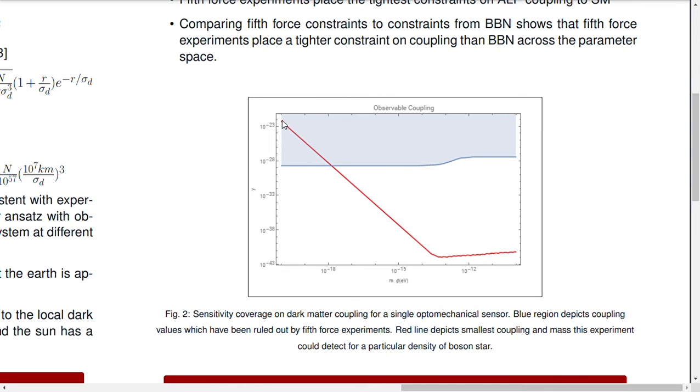And then this red line here represents the smallest possible coupling values we could observe for a particular mass. So then this white space in between the red line and the blue line represents the available parameter space which this experiment would be sensitive to.